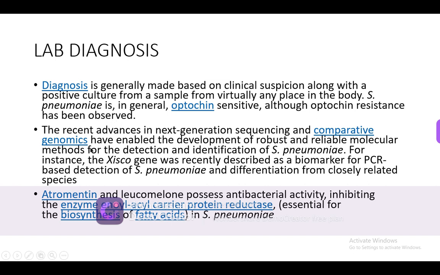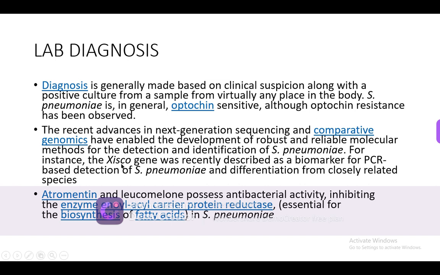We are confirming it. The recent advances in next generation sequencing and comparative genomics have enabled the development of robust and reliable molecular methods for detection and identification of pneumonia. You can go for PCR of anything, for example, in the sputum or the pleural fluid.